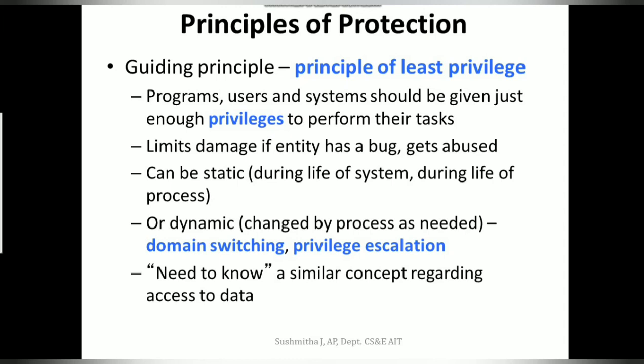So it is able to switch these privileges. Further, we will be seeing what domain protection is and what the various access methods are, and we will map them to the matrix.